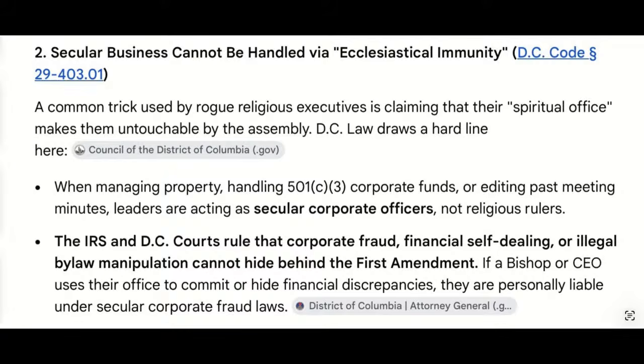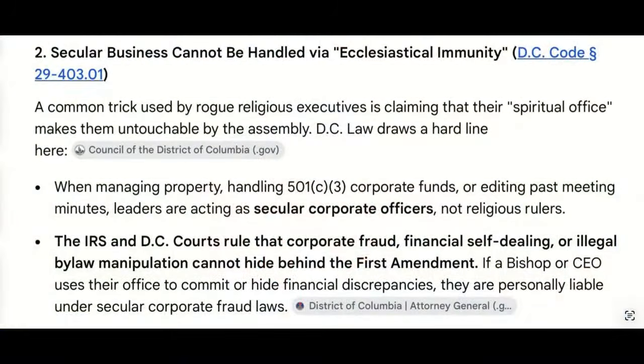A common trick used by rogue religious executives is claiming that their spiritual office makes them untouchable by the assembly. Right? DC law draws a hard line here. No, you are not untouchable by the assembly. The assembly can take care of whatever it is that the assembly needs to take care of.